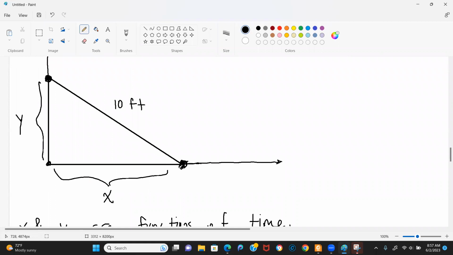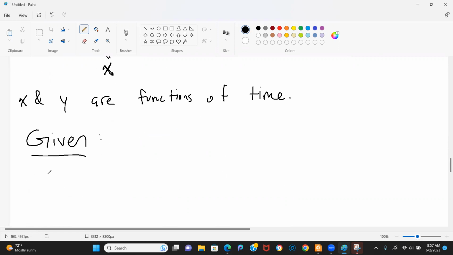In other words, this point right here is sliding this way 4 feet per second. x represents how far this point is from our origin, so that's what's changing with respect to time. So what we're given is that dx/dt is 4 feet per second.